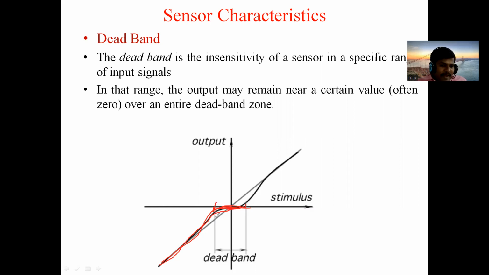For that span of input stimuli, the output signal obtained is nearly equal to 0. So this is the dead band, or the insensitivity of the sensor. Okay, getting it?